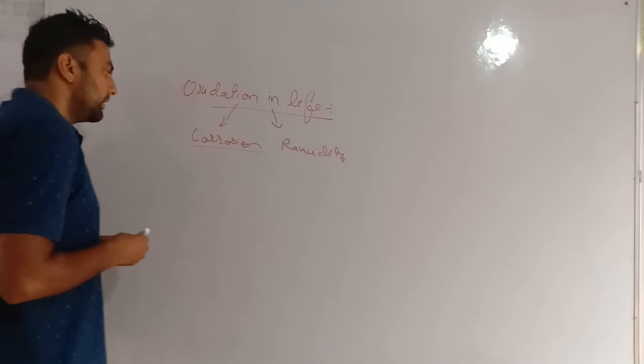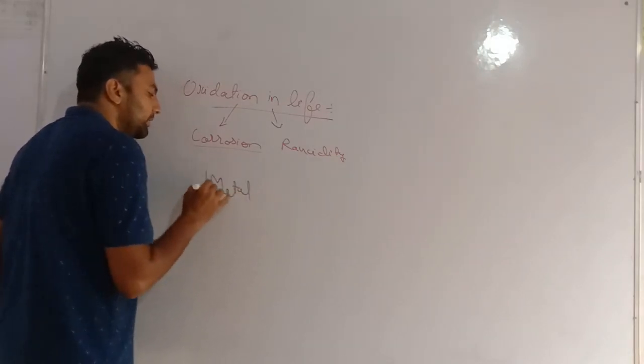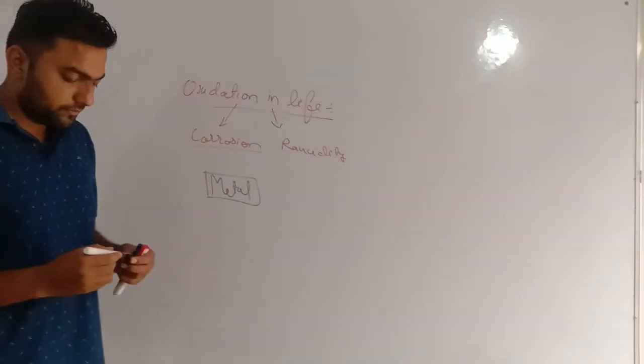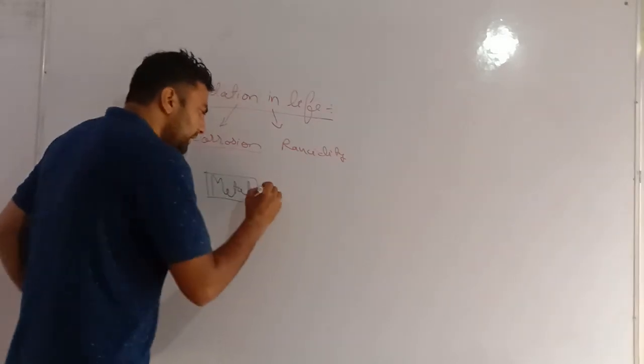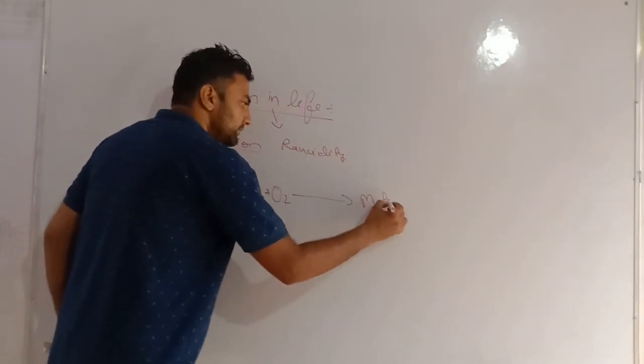See, my dear students, metals. We all know metals have certain properties. They are shiny, they are strong, but if they react with oxygen, we get metal oxide.